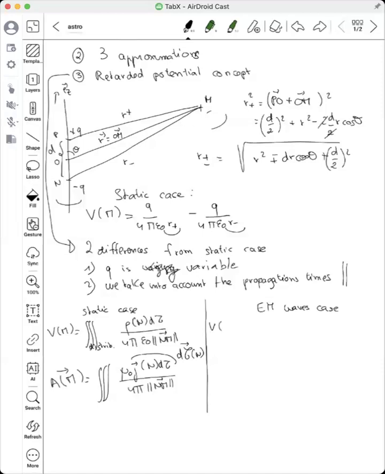I'm going to allow both of the potentials to change with time. And V this time is going to be rho n at t_r, over 4 pi epsilon 0 and m. I'm going to say in a second, and you can start guessing, what is t_r.